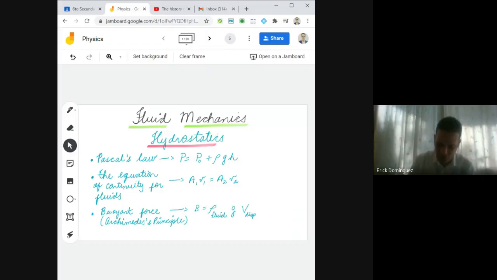Remember, this is gauge pressure, so you will need to multiply the density by the gravity by the height. So what do we do with these two other pressures? Well, the question is, what is the gauge pressure? That's everything that I want to know.